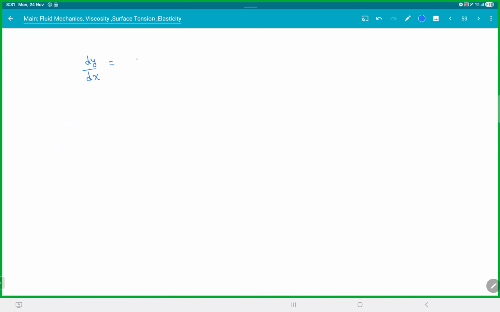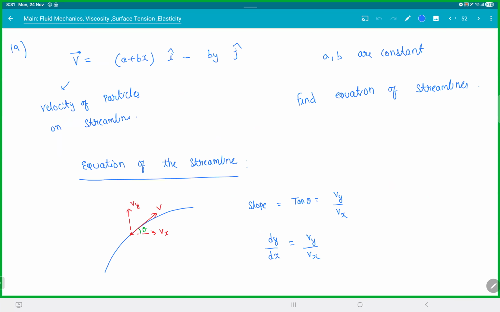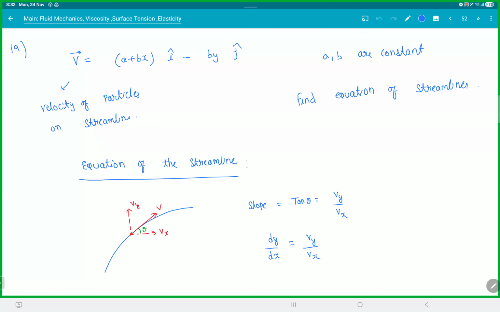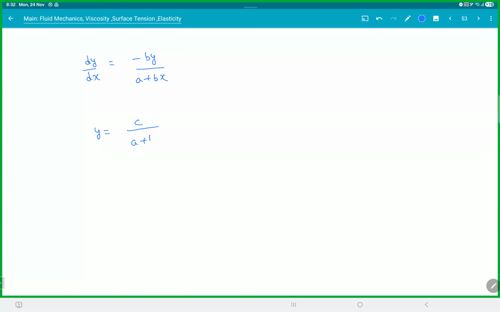So we get dy by dx is equal to minus by over a plus bx. You integrate this, you end up with c by a plus bx, something of this sort. So it's your equation of the streamline.